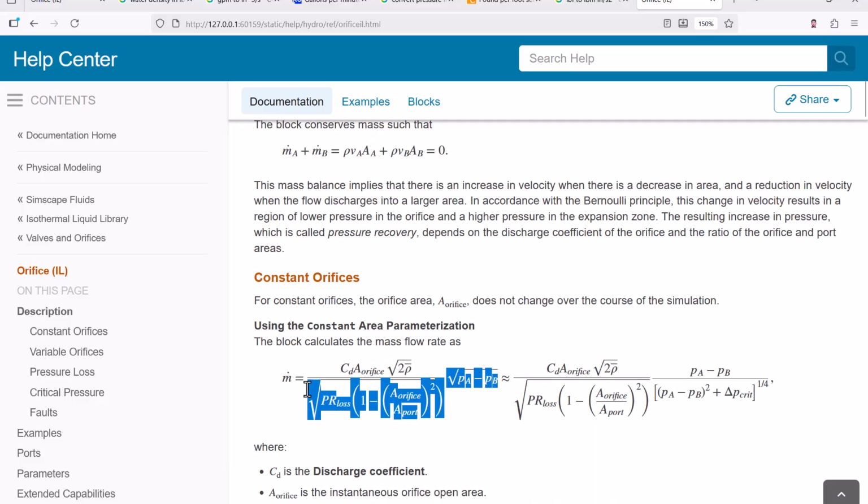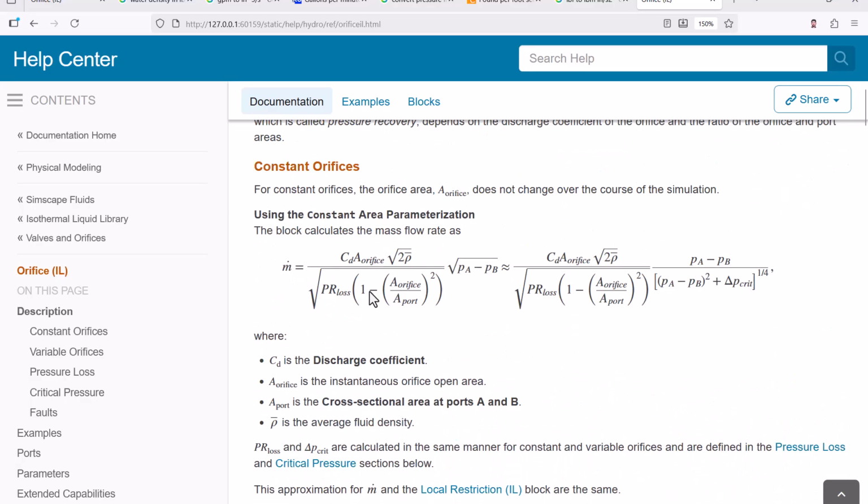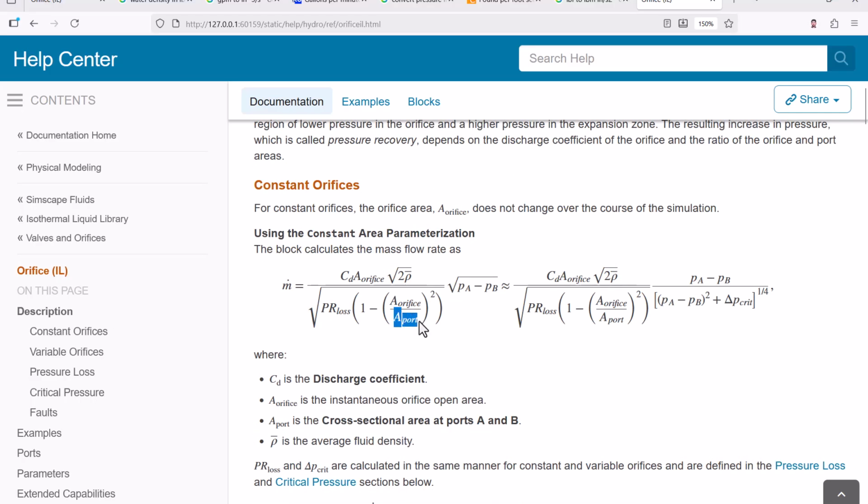And we came across this formula, and there I said that as long as the area of the port is set to infinity, this whole denominator term is going to be equal to 1, and it is going to make the calculations so easier. And it is interesting to know that this value is by default set to infinity.